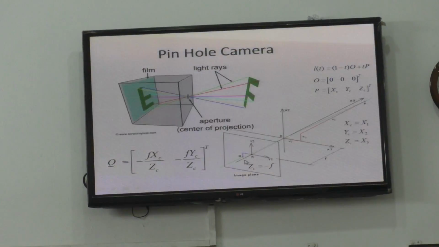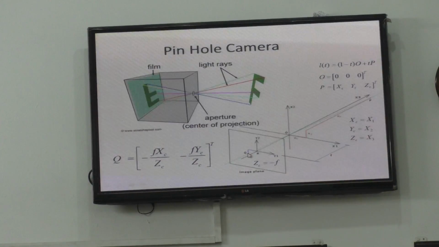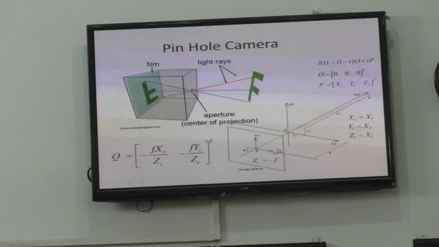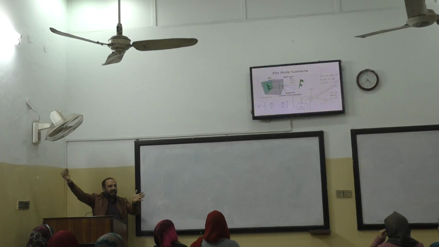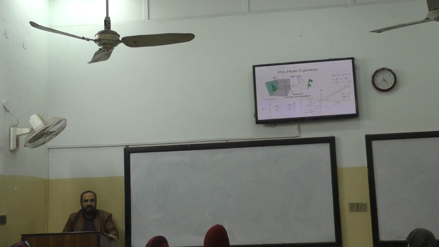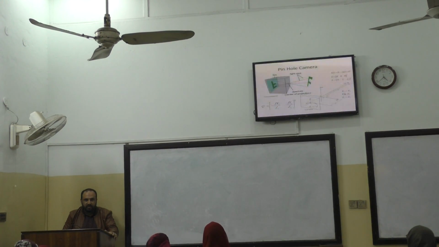That point is Q. We need to find the coordinates of Q. You can see this Q is simply the intersection of this green line, which is the line joining P and O. If I join the point P with O, that's a line in 3D, and there is a plane in 3D, Z equals F. The intersection of this line and that plane is the image point of the 3D point P. So far so good?